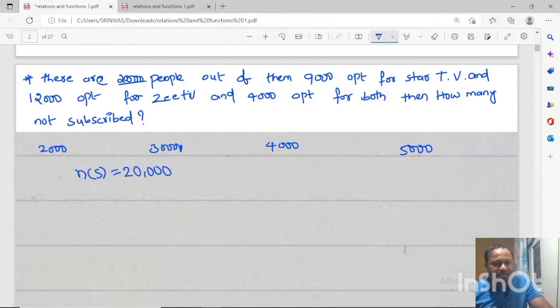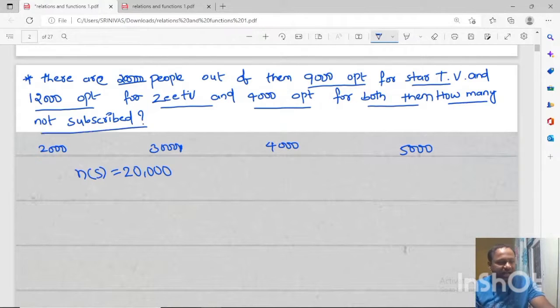Out of them, 9,000 opt for Star TV and 12,000 opt for GTV and 4,000 opt for both of them. Then how many not subscribed? This is the question. Okay, so this is easier than the previous question.